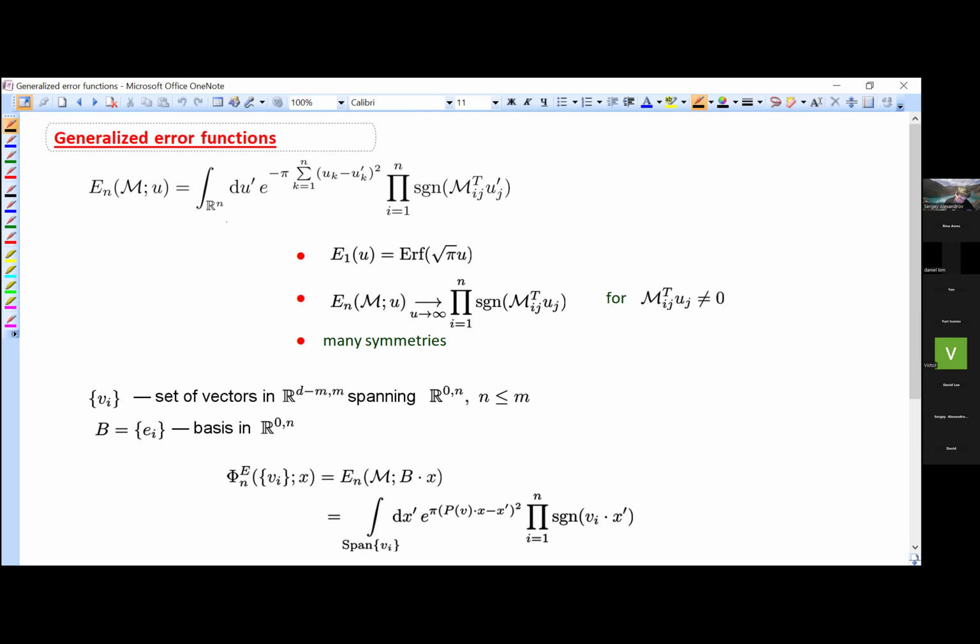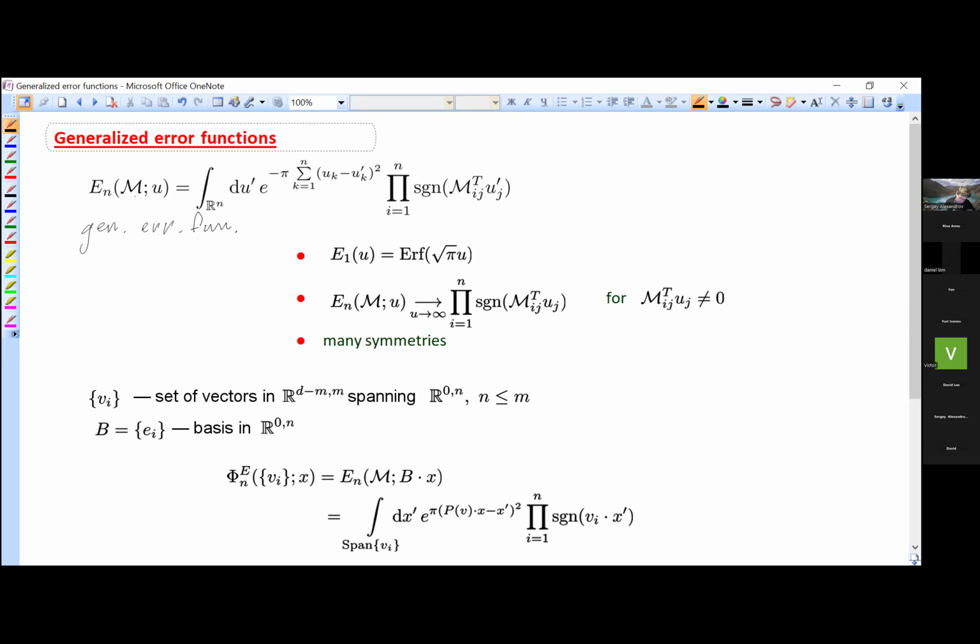First we define the so-called object En, which is just the normal generalized error function. And it's just a convolution with the Gaussian kernel of this product of signs.